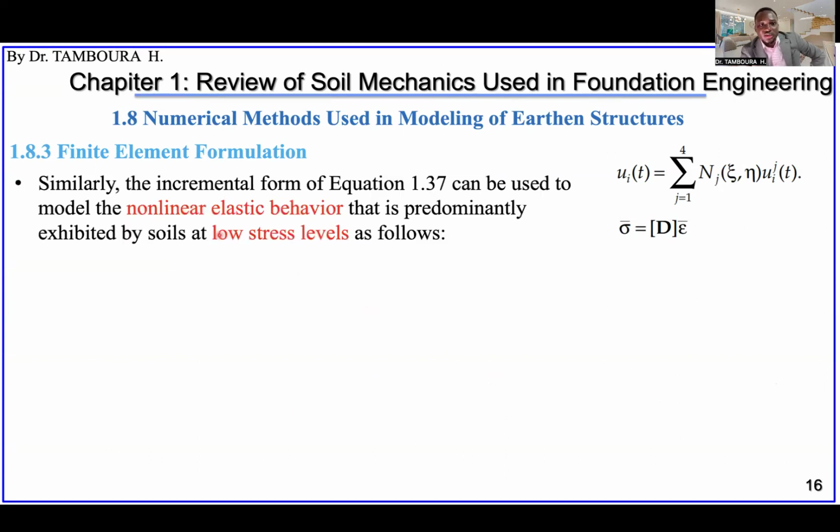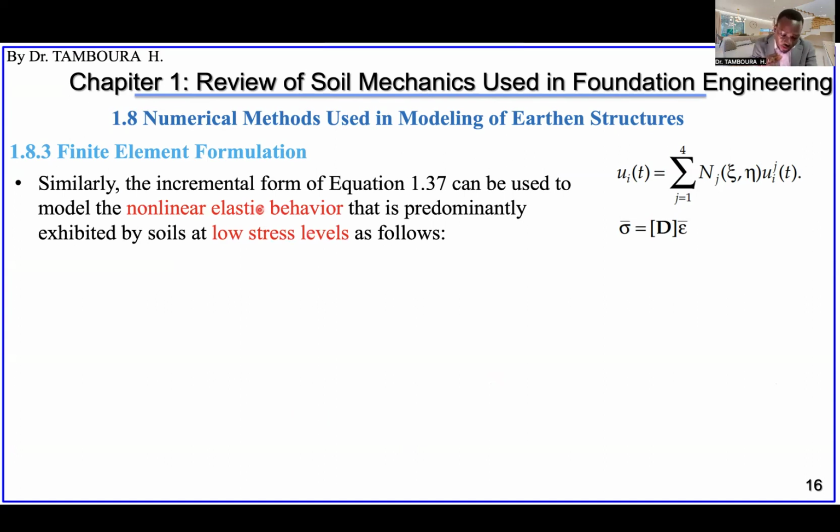Similarly, the incremental form of this equation can be used. Instead of going in one step, we can go by small increments. If you go by small increments, you can model nonlinear elastic behavior.